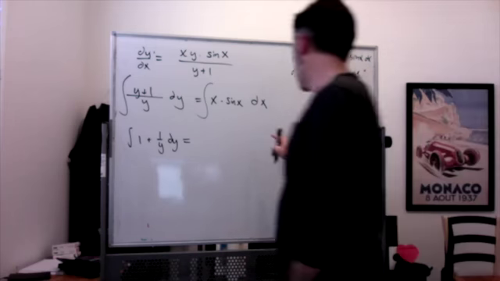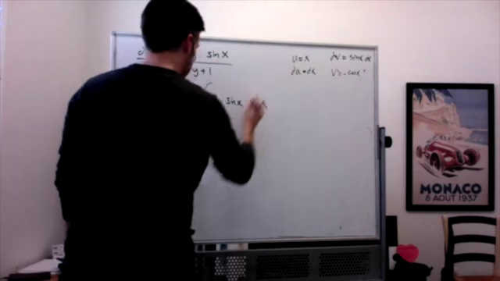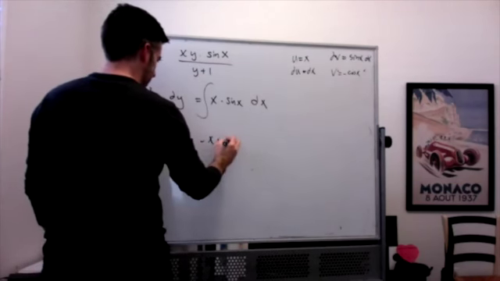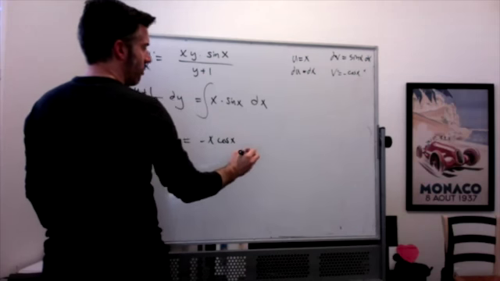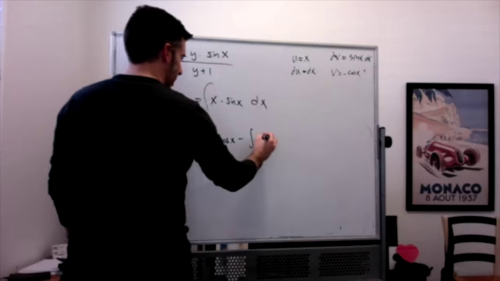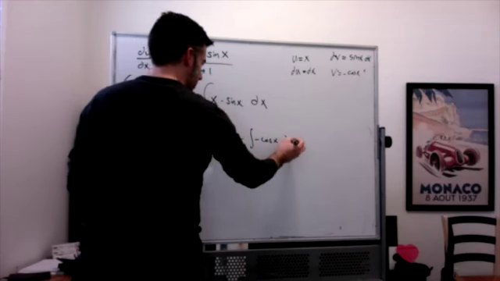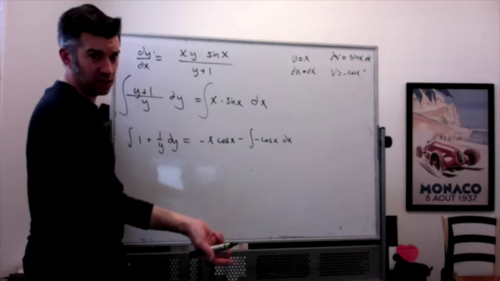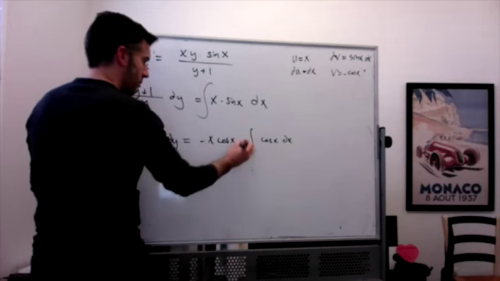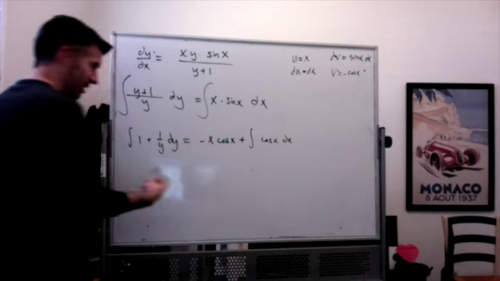So the integral of x sine x is going to be x times negative cosine x, so negative x cosine x, minus the integral of v du, which is negative cosine x dx. If I have a minus here, I usually change it to a plus. So it's really just plus integral cosine x. And then we can integrate both sides.